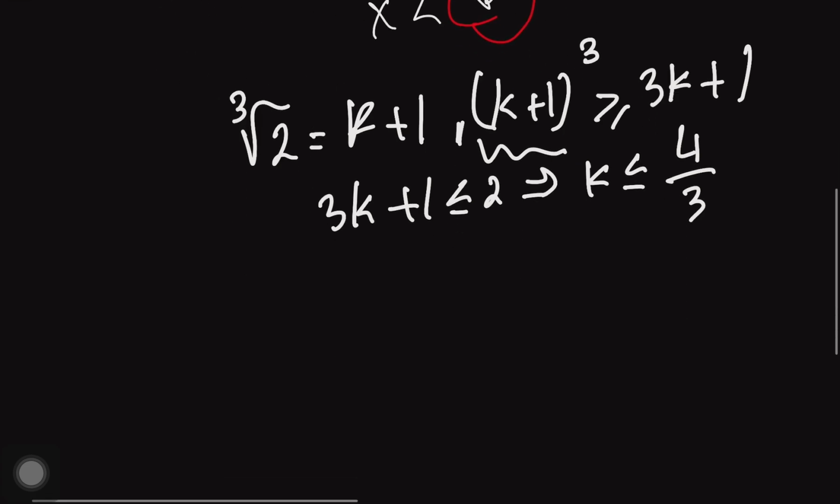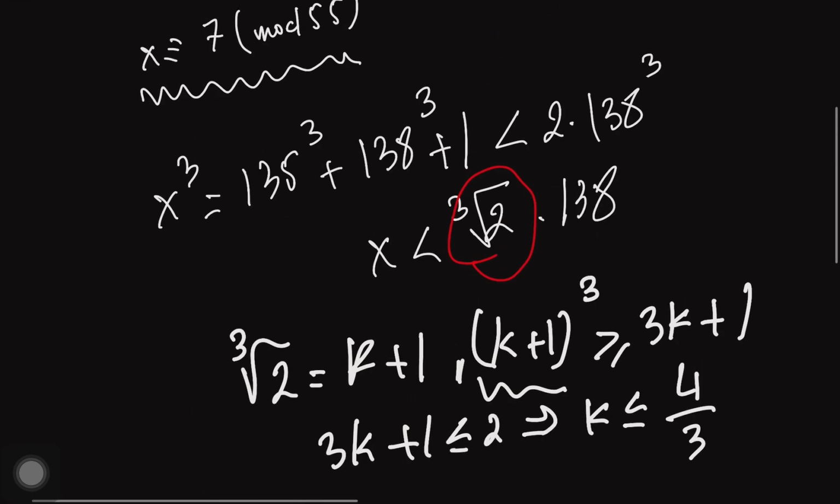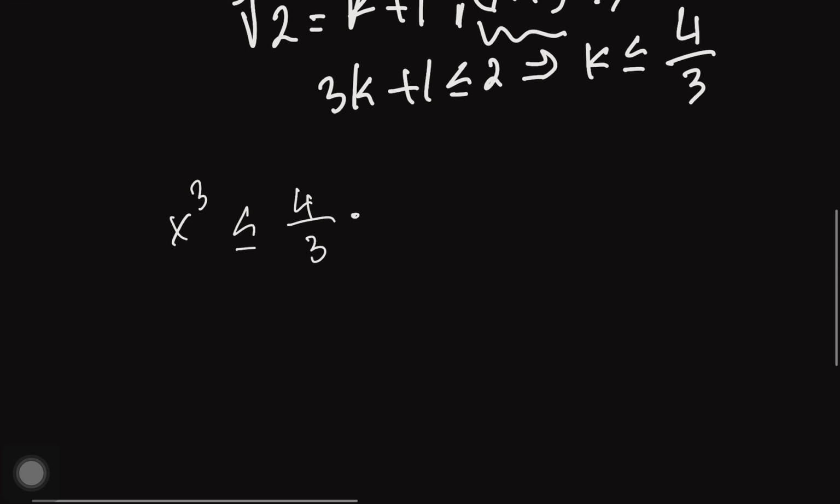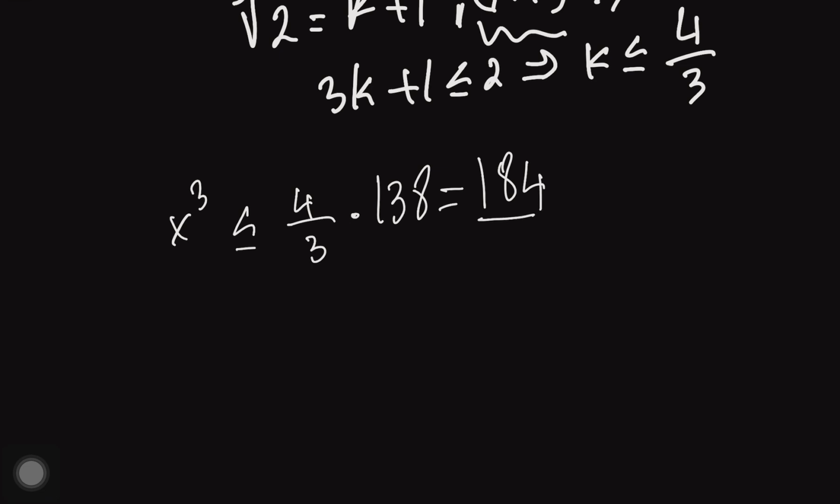So that means that x is less than or equal to 4 over 3 times 138, which is equal to 184. So now we know that x is less than or equal to 184.